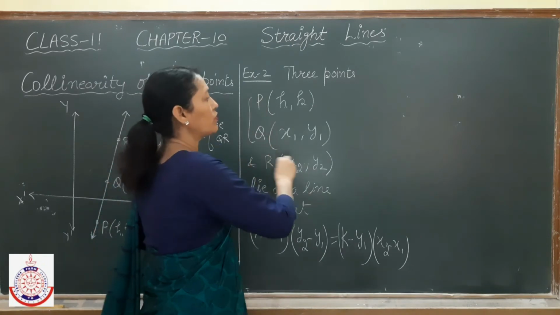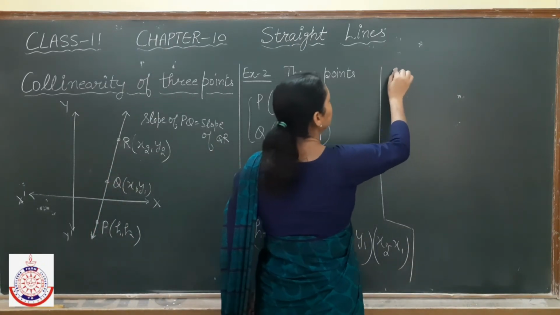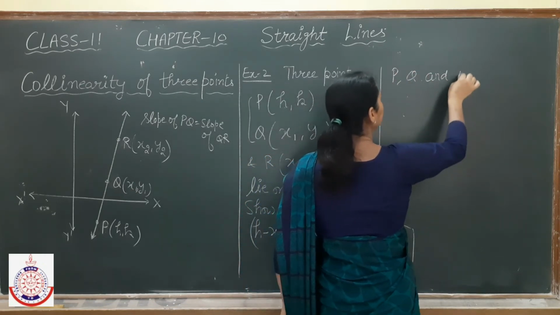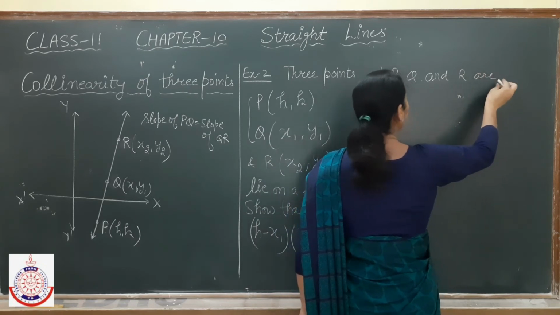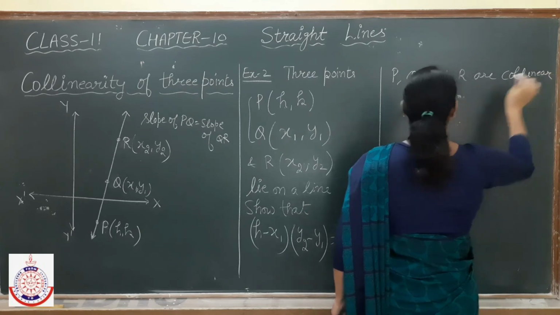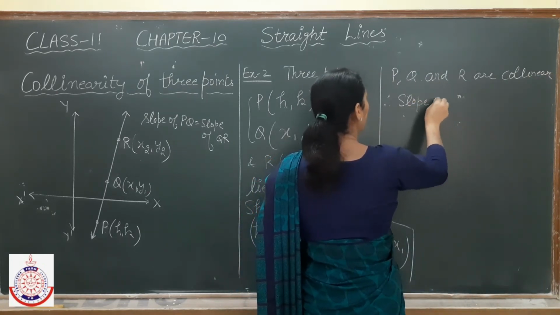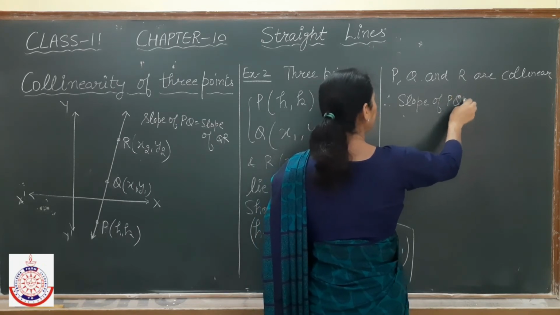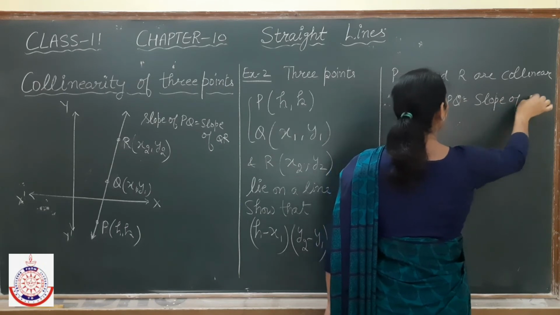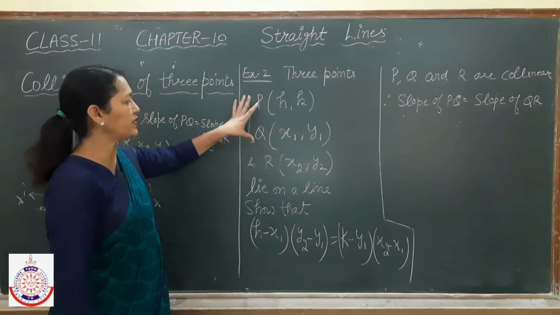So, P, Q and R are collinear. Therefore, slope of PQ is equal to slope of QR.